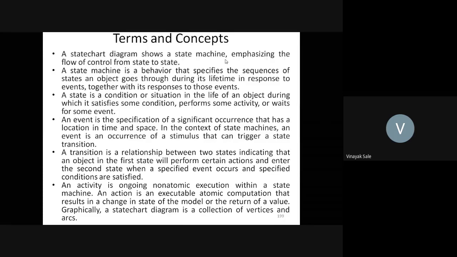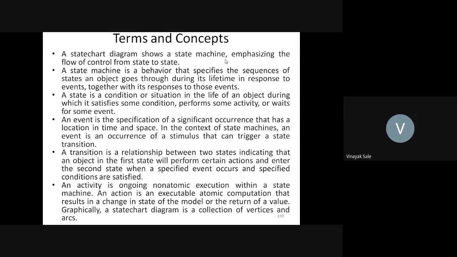An event is a specification of a significant occurrence that has a location in time and space. In the context of state machines, an event is an occurrence that can trigger a state transition. A transition is a relationship between two states, indicating that the object in the first state will perform certain actions and enter the second state when a specified event occurs and specified conditions are satisfied.